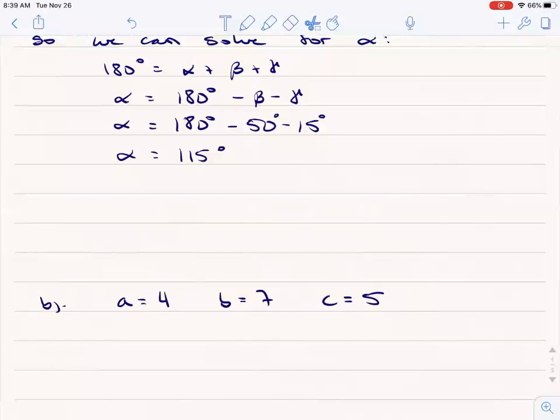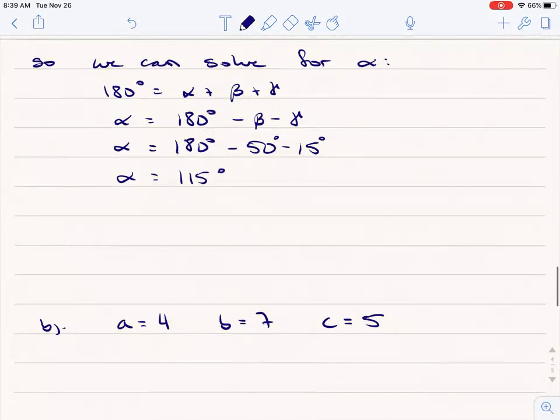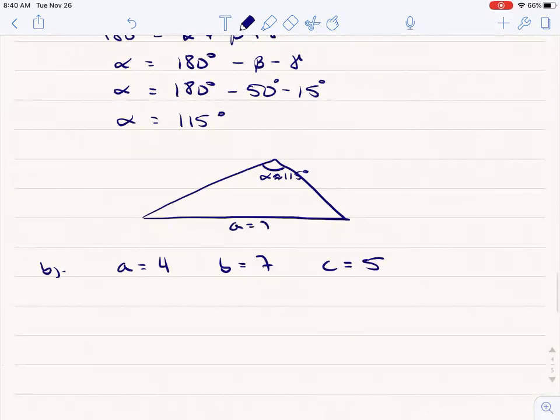Just a rough sketch. So I know my alpha is 115 degrees. Let's do something like this. So I'm going to let alpha be approximately 115 degrees, because I know that's my biggest angle, right? So I'm just going to start there, which means that A was 7. And then I'll arbitrarily place beta and gamma.